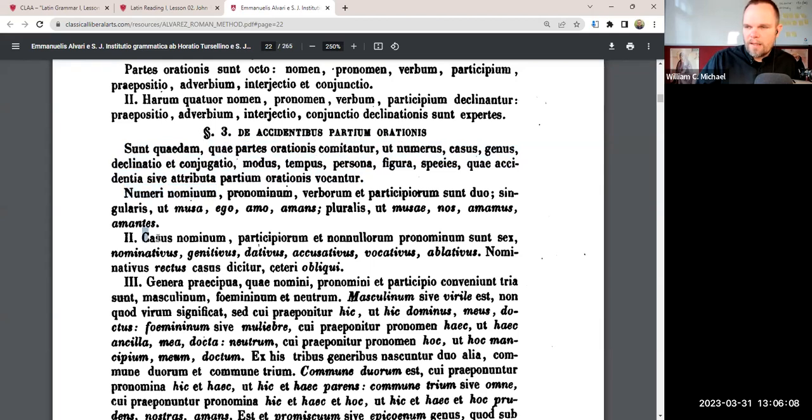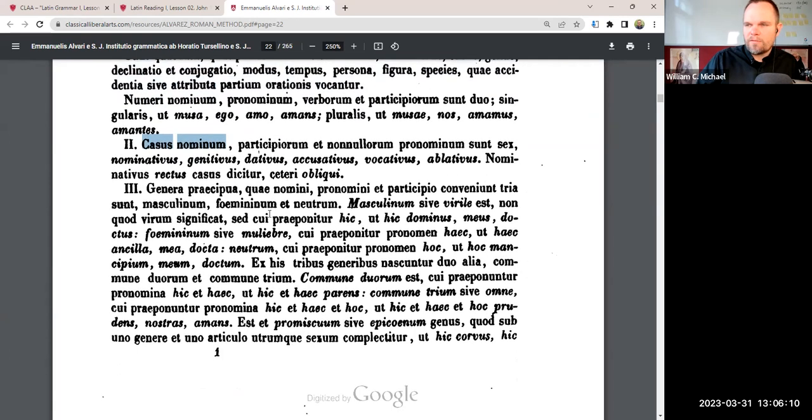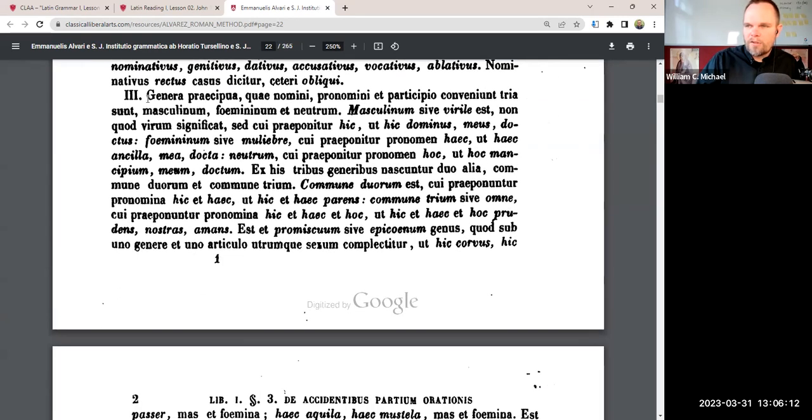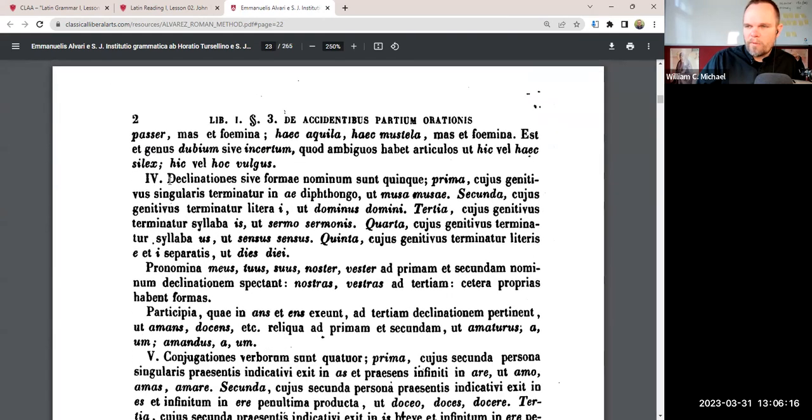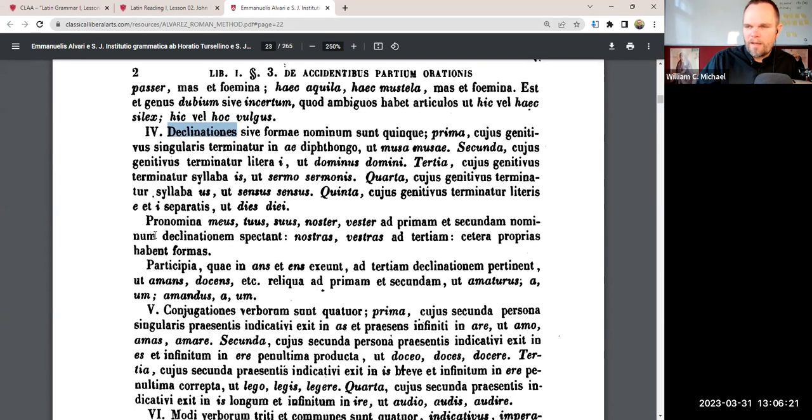Then we looked at casus nominum, the cases of nouns. Then we looked at genera, the genders of nouns. In section 4, we looked at declinationes, the declensions of nouns. And then last week, we looked at pronomina and participia, which is the declensions of pronouns and participles.